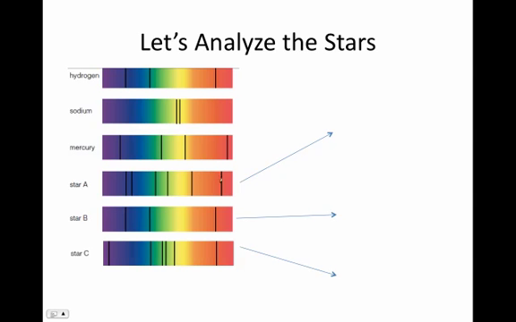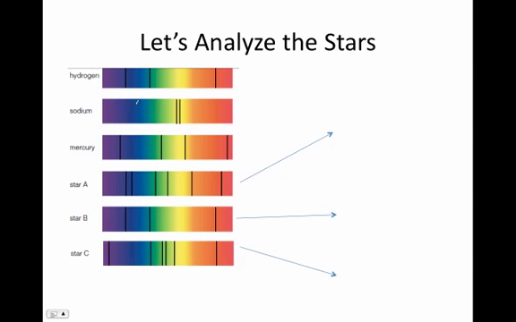Okay, let's analyze three stars, A, B, and C, to see what's in them and to see whether they're moving, stationary, or not. So, star A, any hydrogen in star A? It doesn't seem, it might be this one. Might be that one. And, oops, I gotta go way down here.